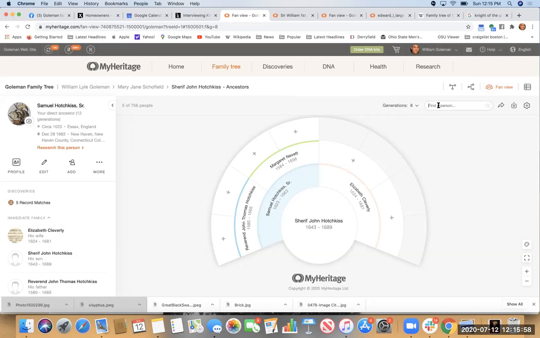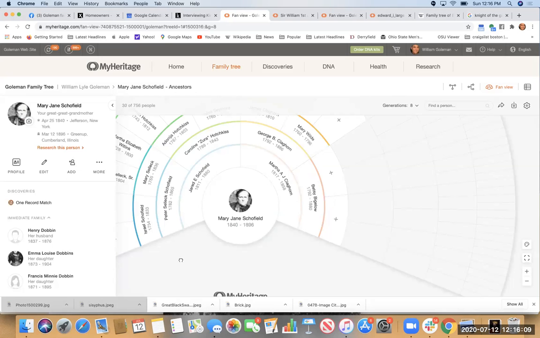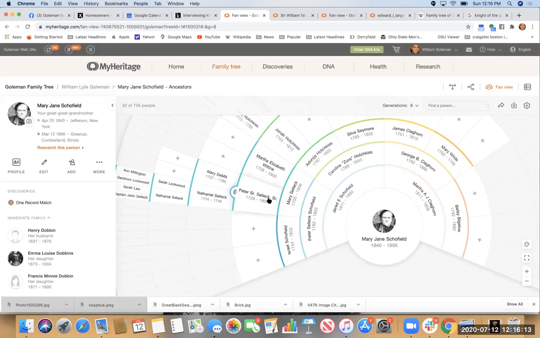And so I kind of gave up on that line and went back to Schofield. And I'll put Mary Jane back in the center. So the other line I went down was the Sellecks. Mary Jane Schofield's grandfather was Peter Selleck Schofield, and his mom was Mary Selleck.